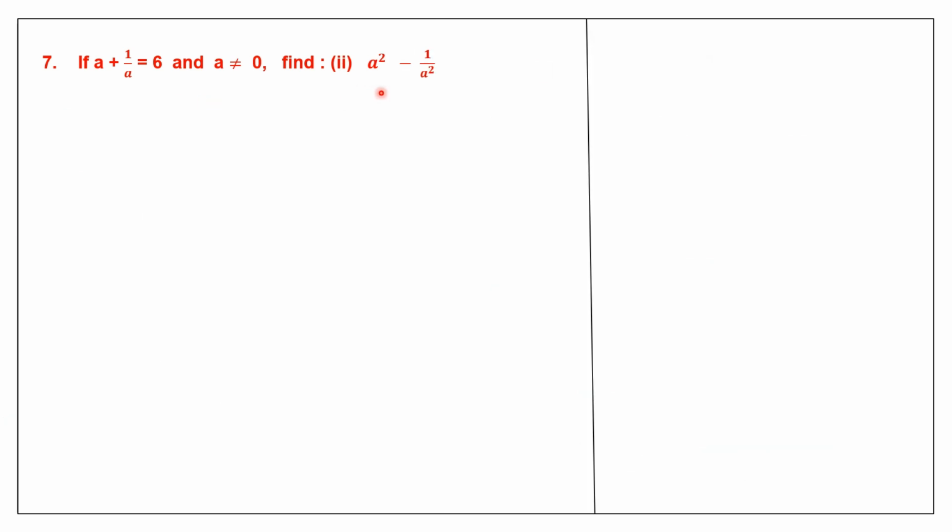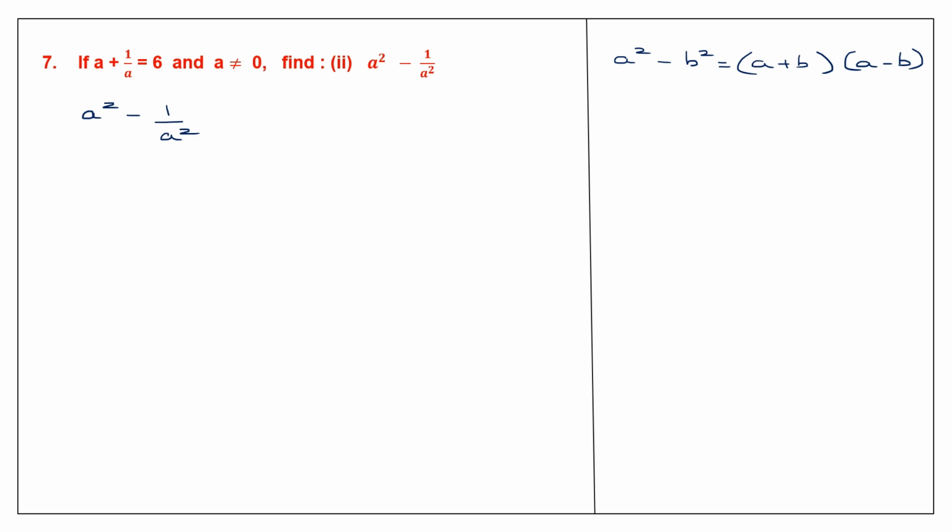Question 2 here is we need to find a square minus 1 by a square. Now we know the formula for a square minus 1 by a square if we take this as a square minus b square. Let's write that identity. A square minus b square is equal to a plus b into a minus b.